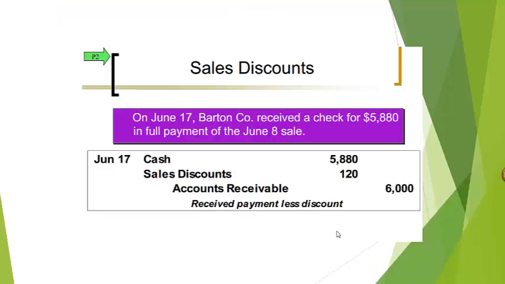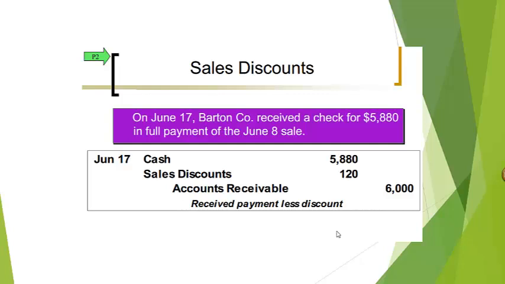I want to look at this same transaction. These are different numbers, but it's the same basic transaction from the perspective of the seller. So you always need to think about the fact that on one side of the transaction we buy things, on the other side we're selling things. So here we're giving the same scenario.